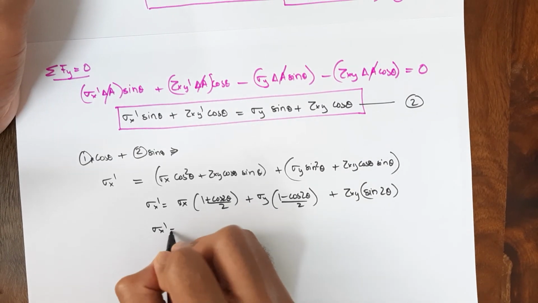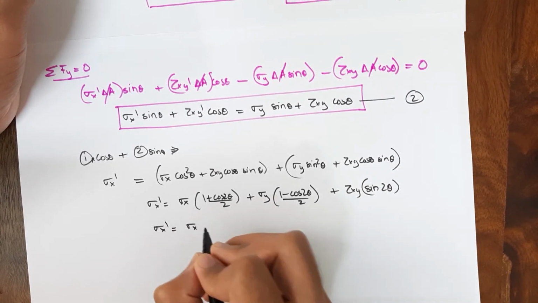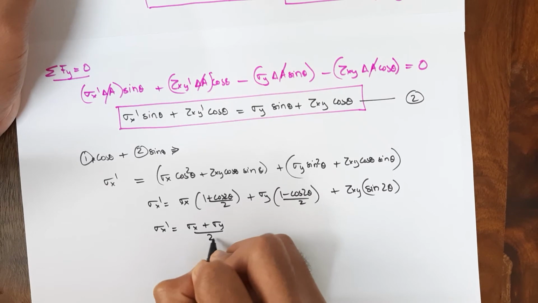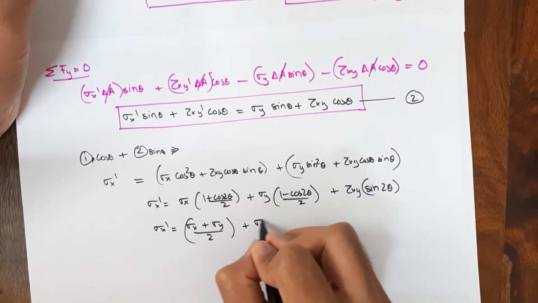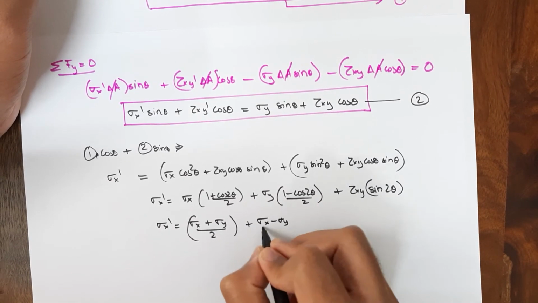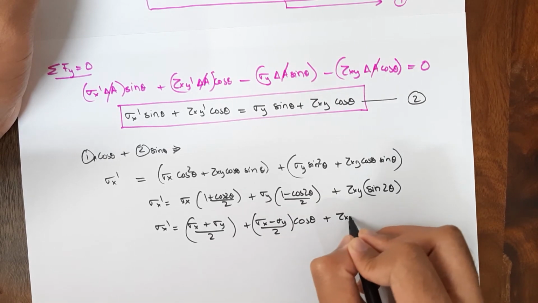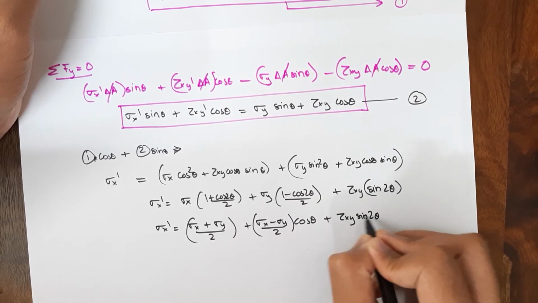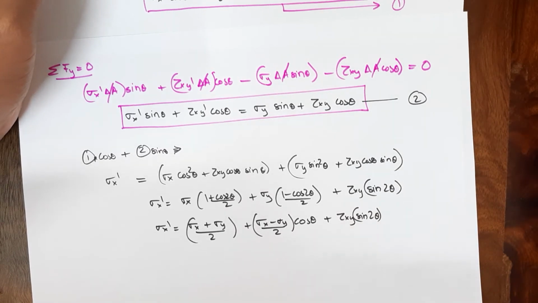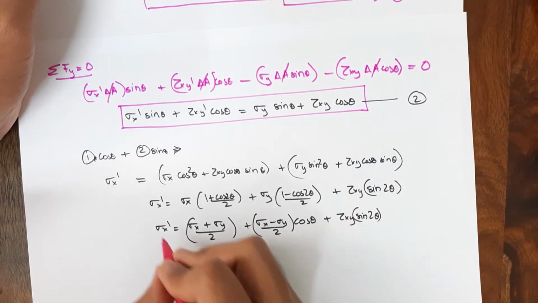So further we can write it down as, so this is the expression for sigma x dash.